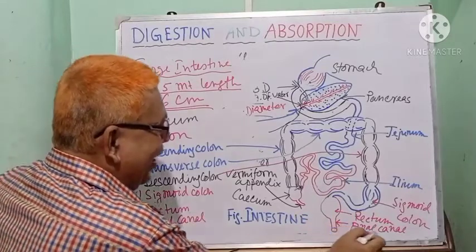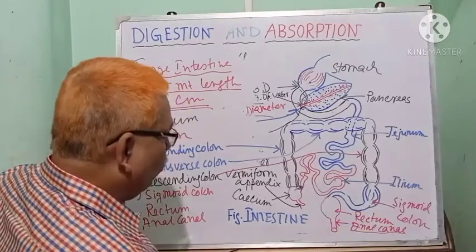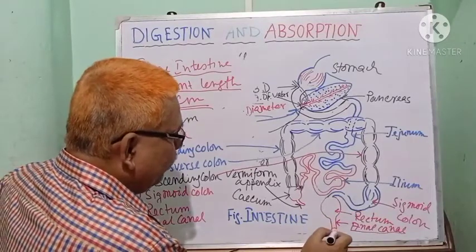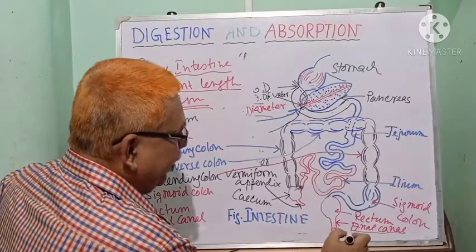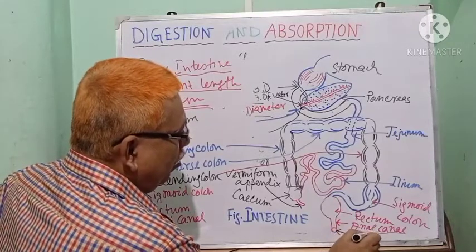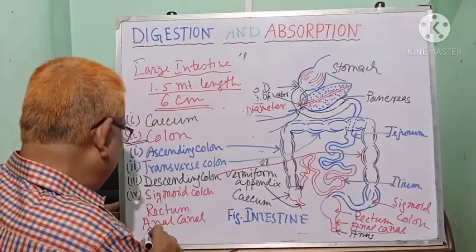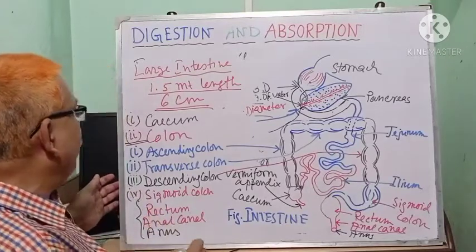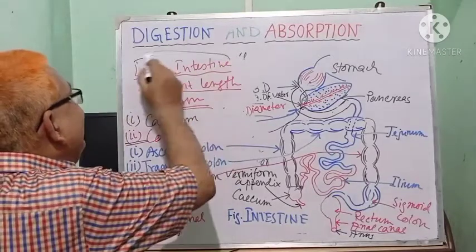And this anal canal opens to the exterior through an orifice. This is called anus. So next part is anus. So these are all about large intestine.